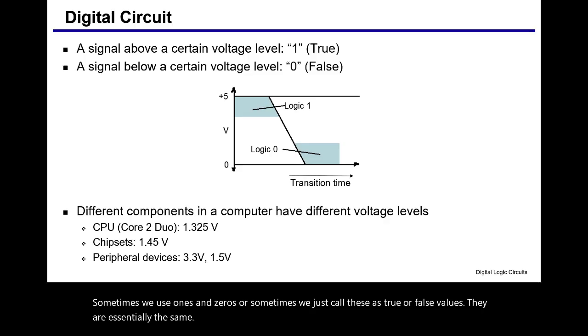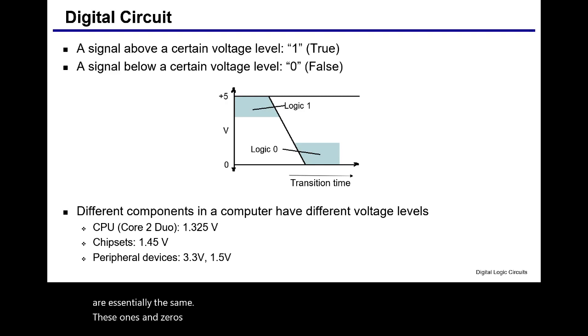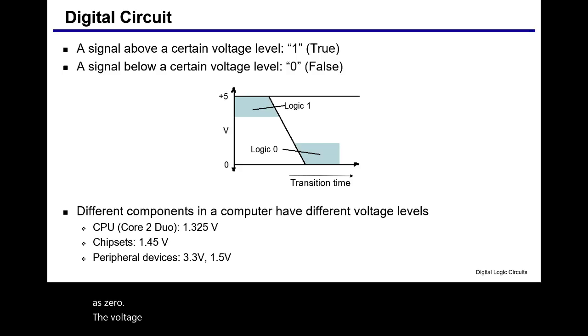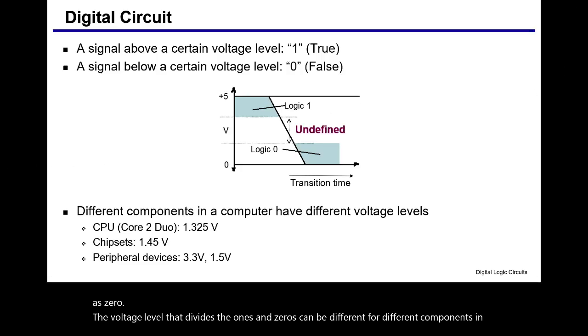These ones and zeros are actually electrical signals in the hardware, and a voltage level above a certain threshold is regarded as 1, and a voltage level below a certain threshold is considered as 0. The voltage level that divides the ones and zeros can be different for different components in a computer system.